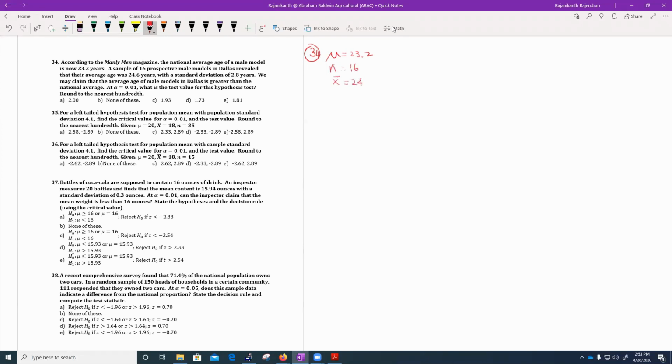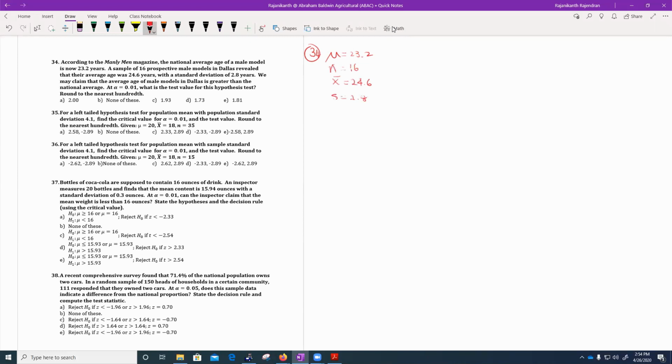So it is going to be my sample mean. And the sample standard deviation is now 2.8. We may claim that the average age of a male model in Dallas is greater than the national average. At alpha 0.01, what is the test value for this hypothesis test?